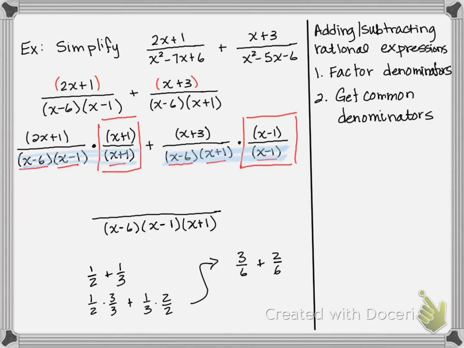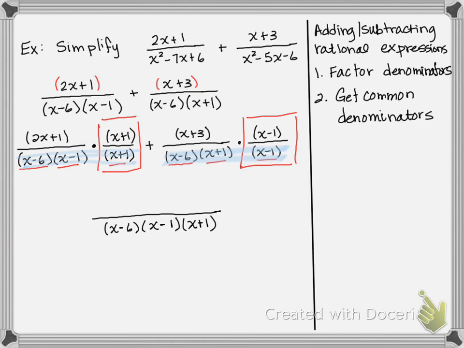So I'm assuming the reason why we're doing step 2 like that is because it gets more complicated. What do you mean? Well, I could look at 2x plus 1 over x minus 6, x minus 2, and say, okay, well, I just need to add an x plus 1, and there's my denominator. Right, but you can't just put it in the denominator.